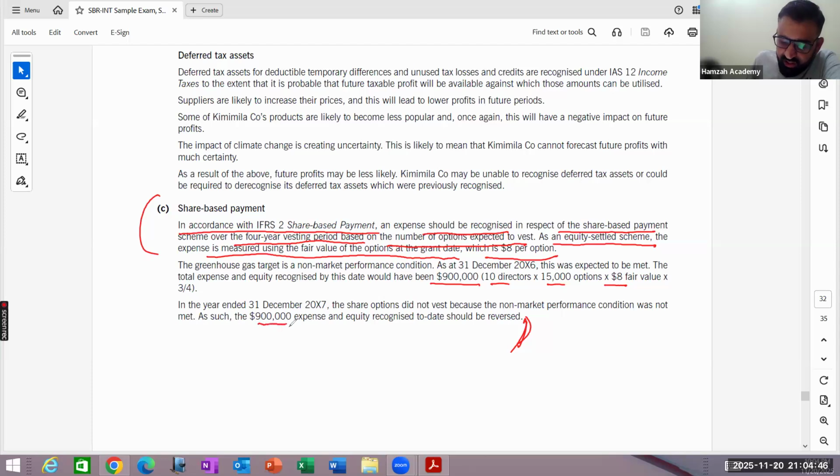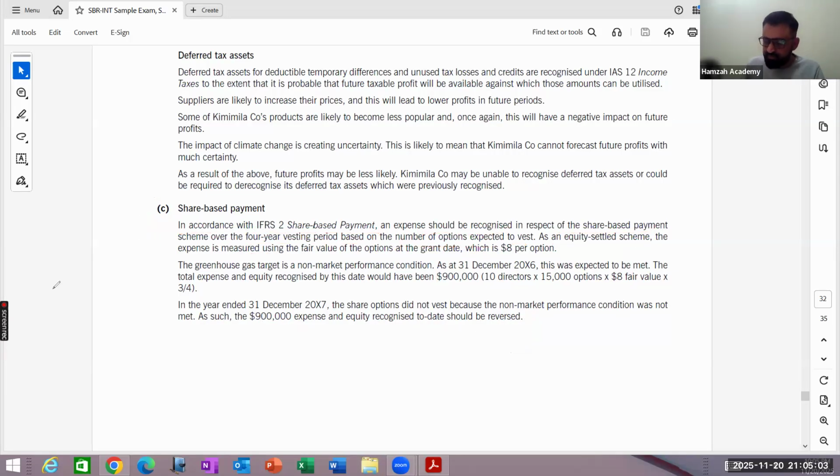So the cumulative expense and cumulative equity we have recognized at December X6 would be reversed. So the expense we have recorded needs to be reversed. That would be the accounting of this transaction as per share-based payment.